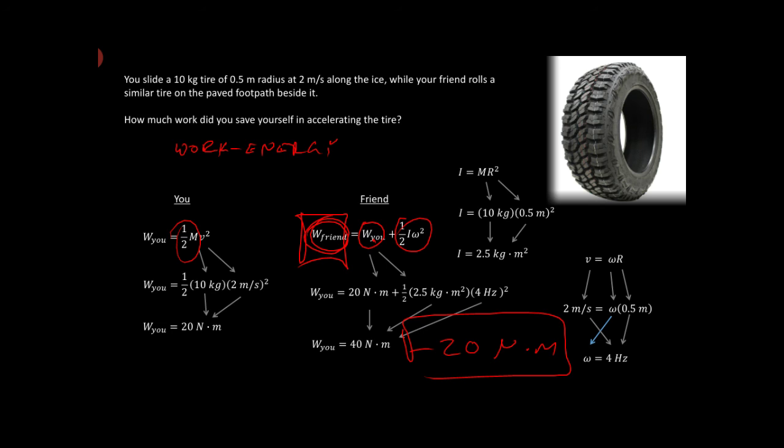But if you have some other effect, let's say friction, which is the thing that's causing the rolling, well, that friction in one case is causing your wheel to roll, and it's actually helping you out, whereas in the other case, it's slowing you down. But in this particular case, you win by 20 Newton meters, all right?